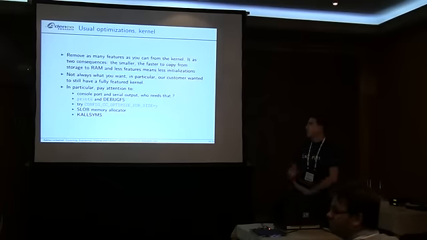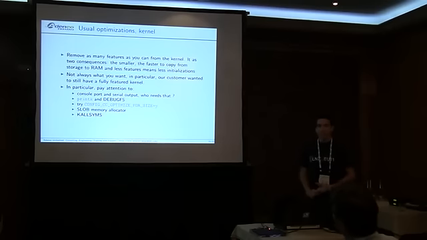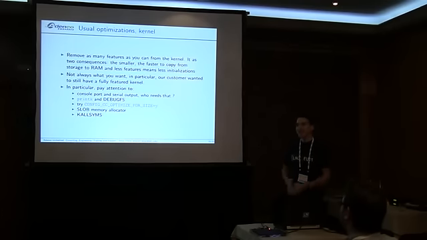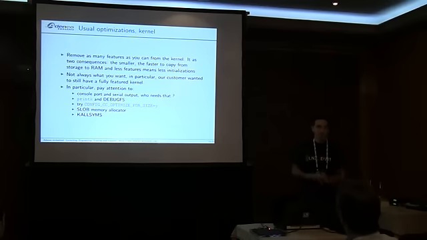Some stuff you can pay attention to: once you're in production, you don't care about debugging, so maybe you can remove your console. So the console port and your output, you just disable that. It will get a lot faster.